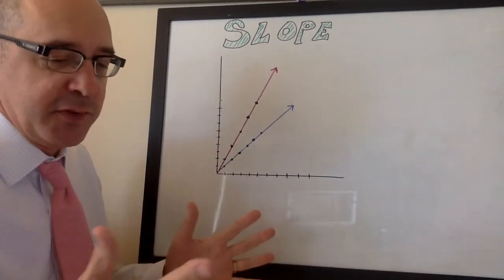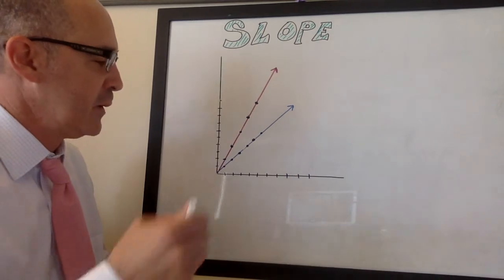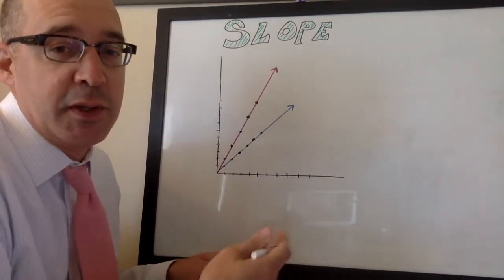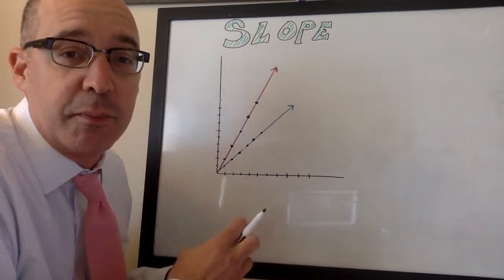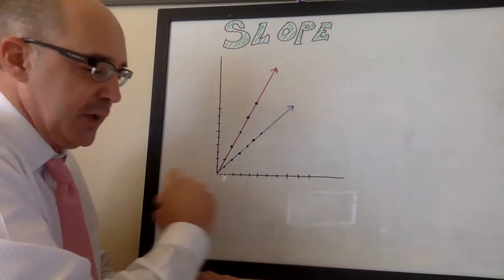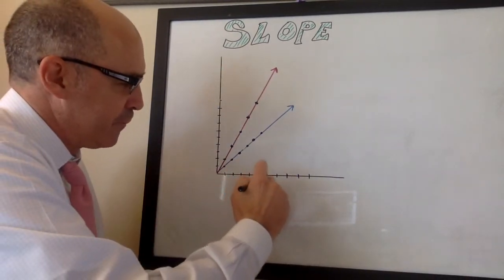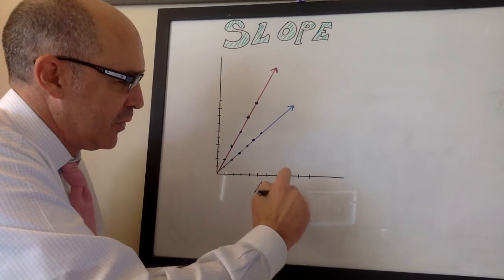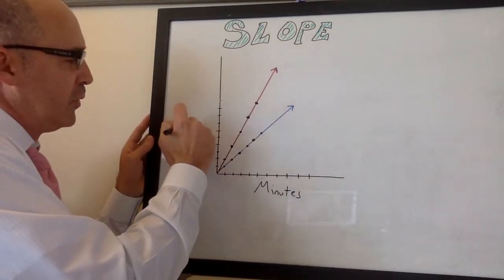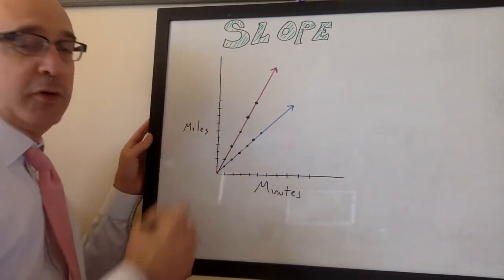Let's think about this in context first. Let's think about these lines as showing how fast two cars travel. In a given number of minutes, cars travel a certain number of miles.